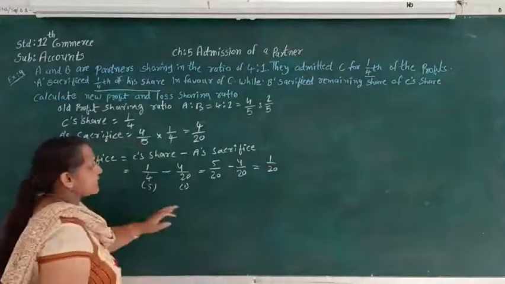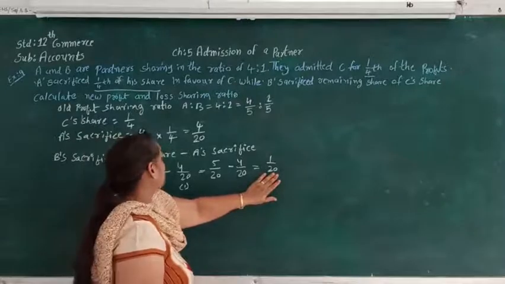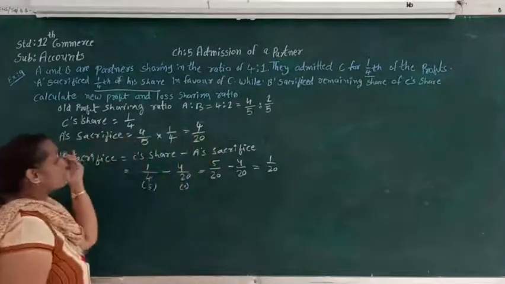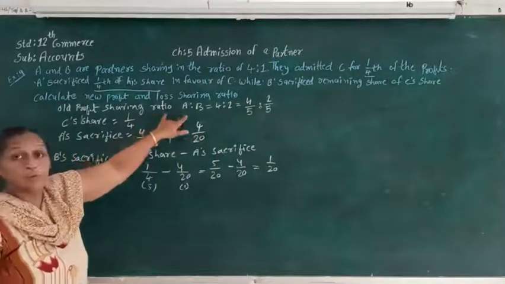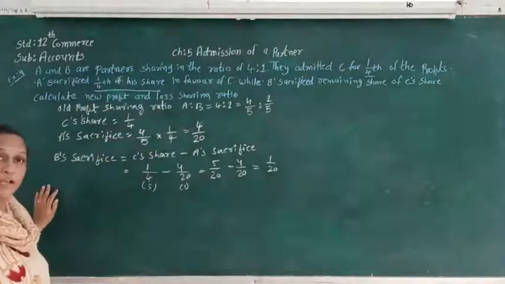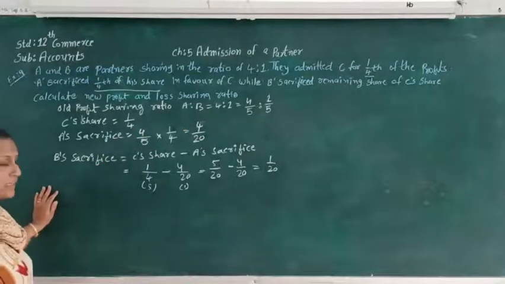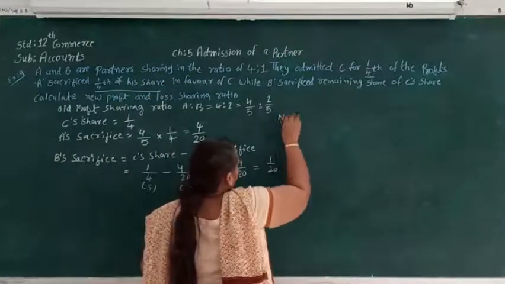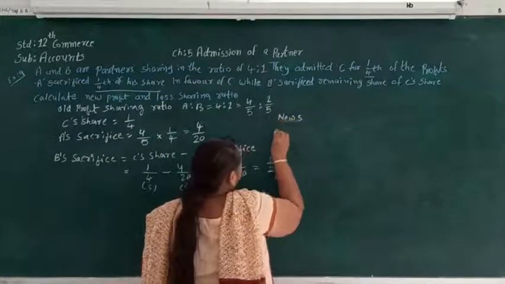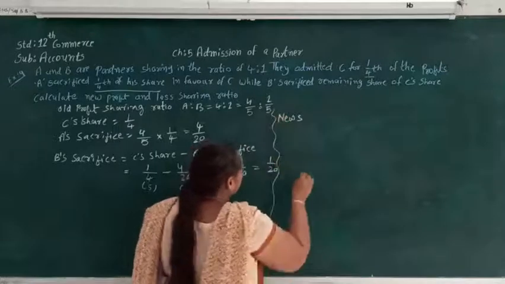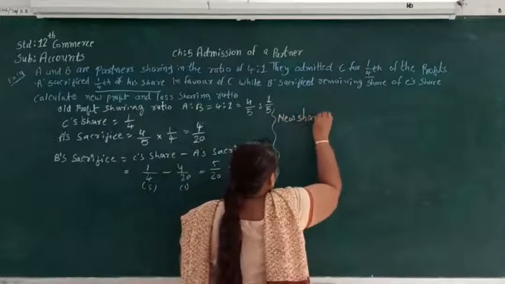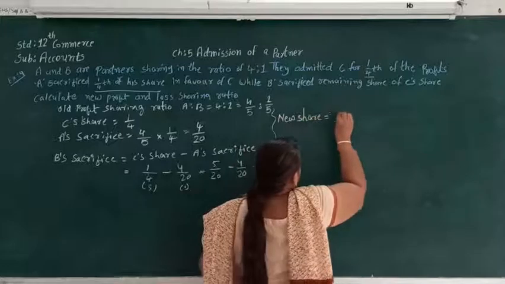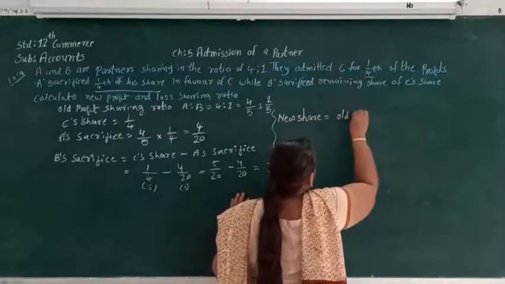Okay. So this is B's sacrifice, and this is A's sacrifice. Now from their old ratio we are going to deduct the sacrifice, so we are able to find out their new ratio. So here new share is equal to old share minus sacrifice.